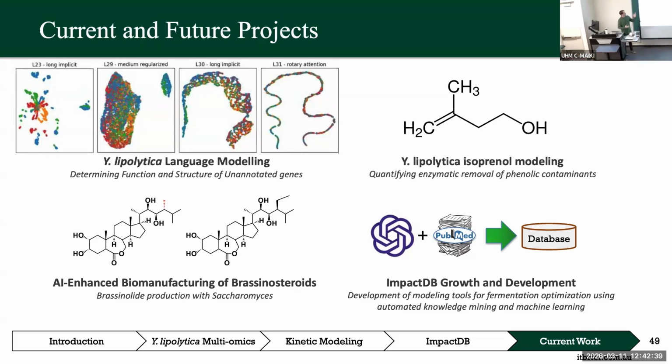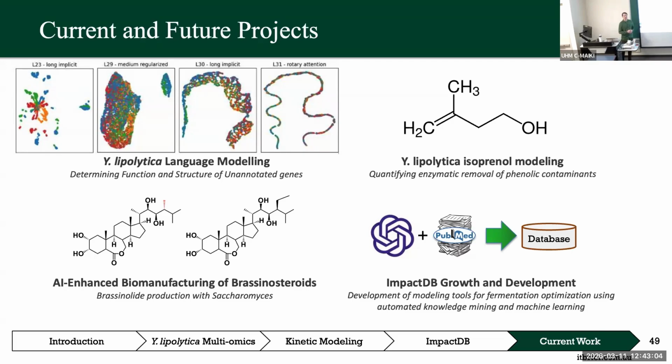I'm also going to be continuing the Yarrowia lipolytica isoprenoid modeling work. And I'm working on some grant proposals about producing brassinosteroids. So these are plant hormones, and they can really help cells as they respond to stressful environments like drought or heat stress.